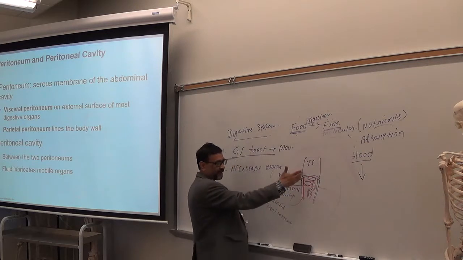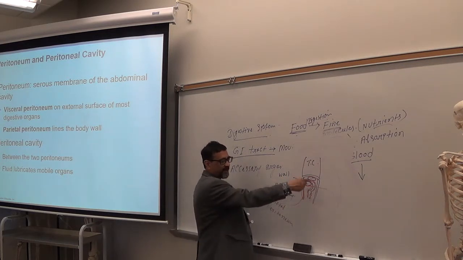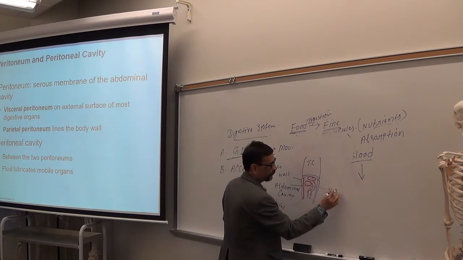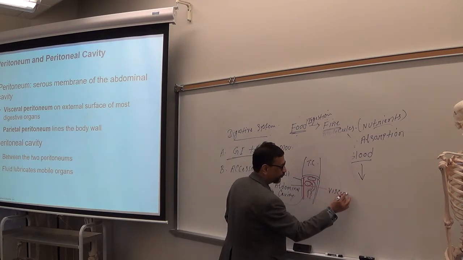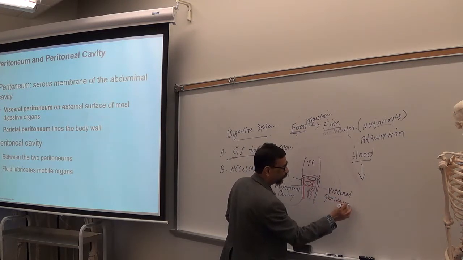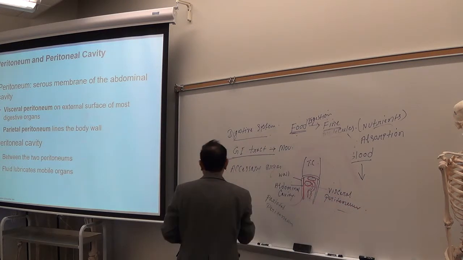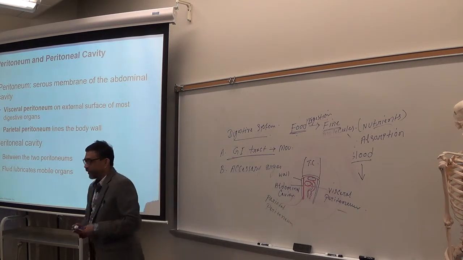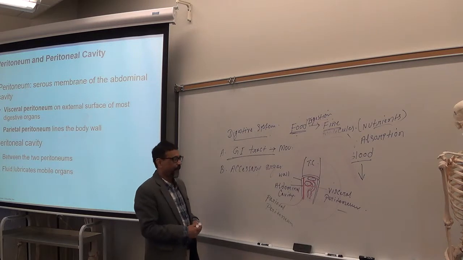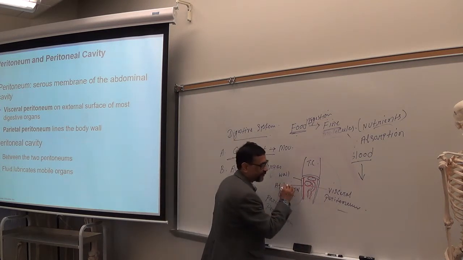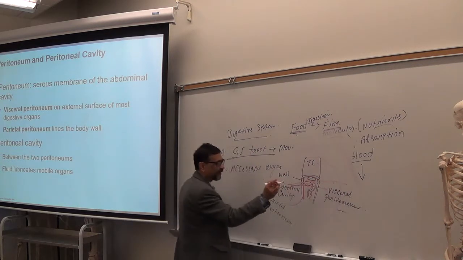Okay, so parietal is attached to the wall, visceral is attached to the organs. Okay, so double layer serous membrane.